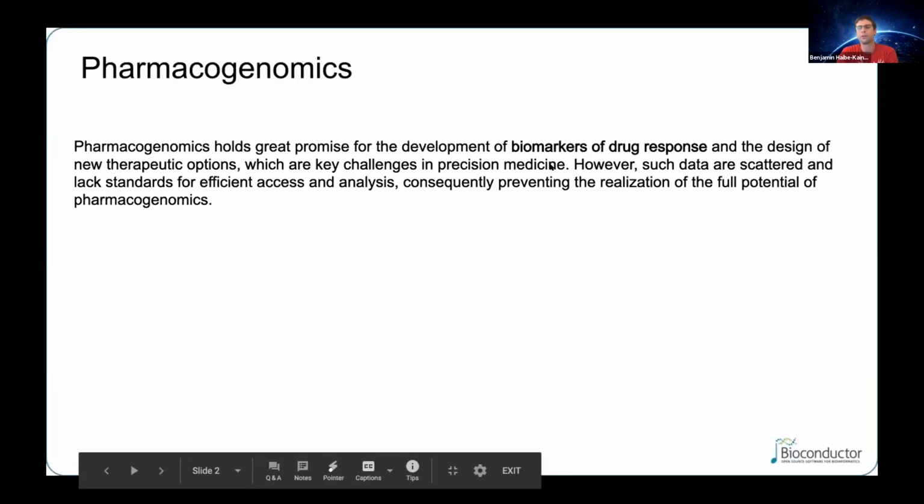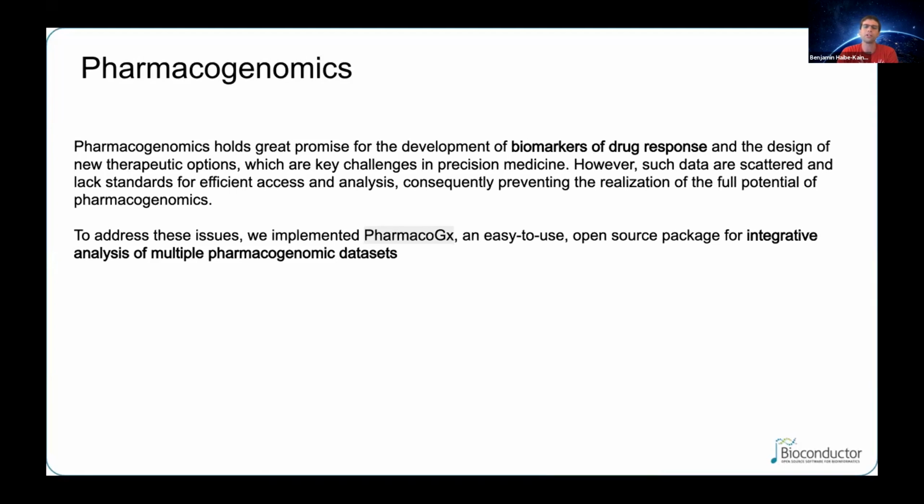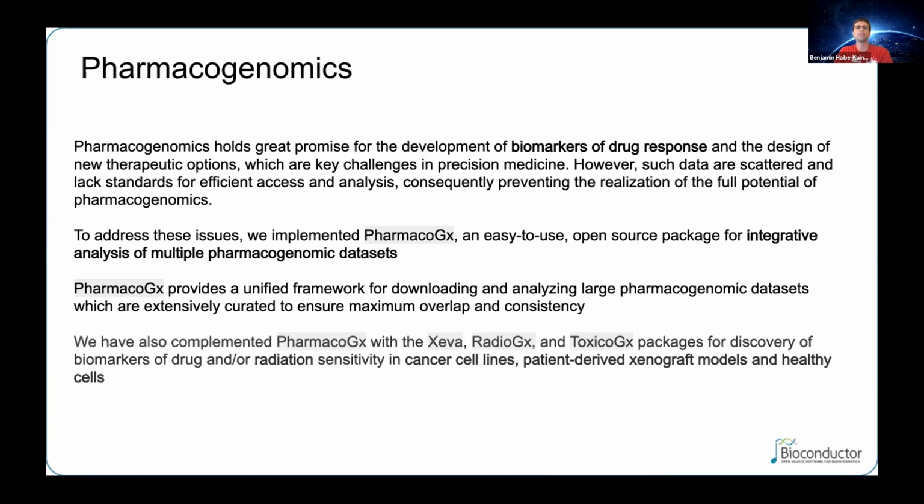And I'll be presenting a little bit more on the drug perturbation as well as the radiation perturbation. So really the field of pharmacogenomics is basically generating the data you need for biomarker discovery. So can you predict what are the molecular features that are associated with drug response?